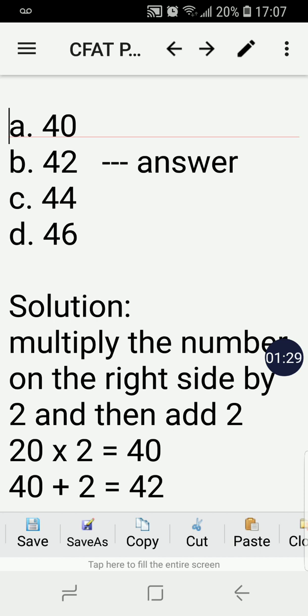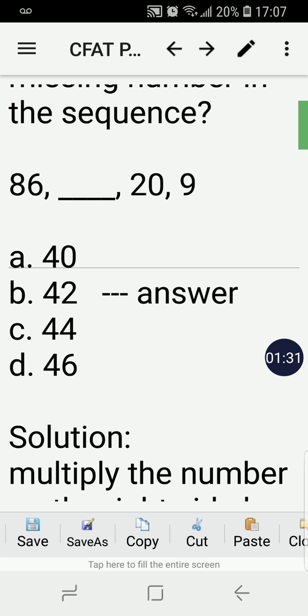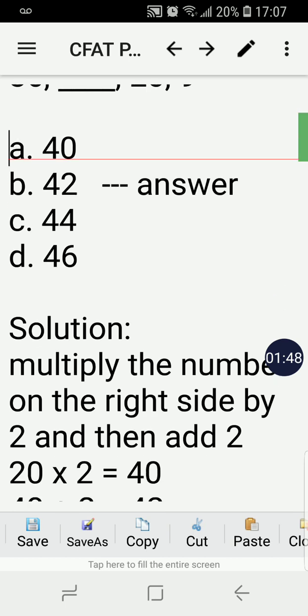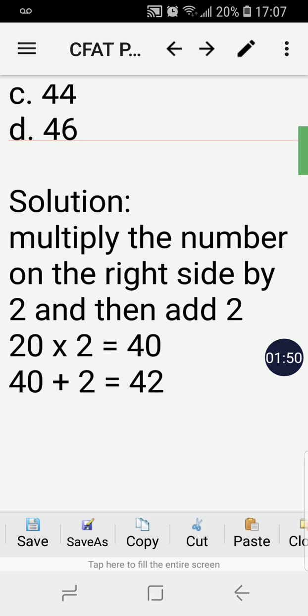So if we continue the series, 42 times 2 is 84, and then plus 2 is 86. So now the solution is to multiply by 2 and then add 2. So there you go.